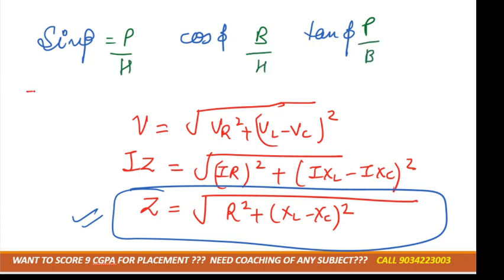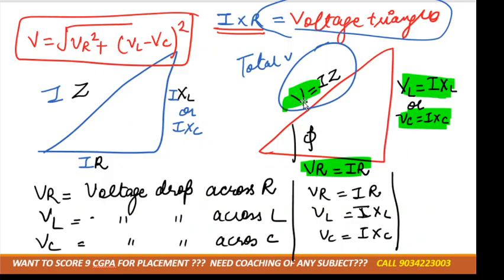That is perpendicular over hypotenuse. So perpendicular is VL minus VC, divided by V. Okay. Cos phi is how much? No, we have to tell according to the voltage triangle.